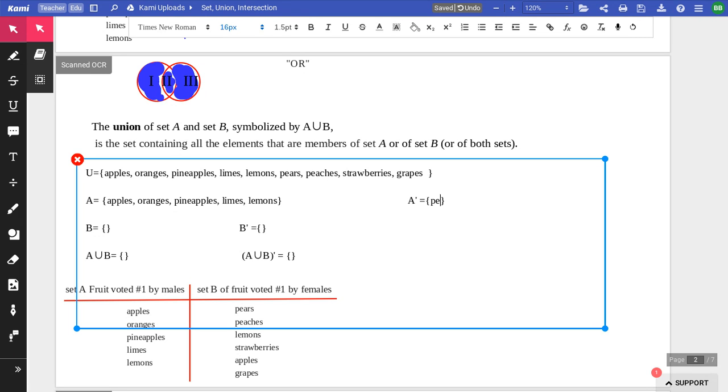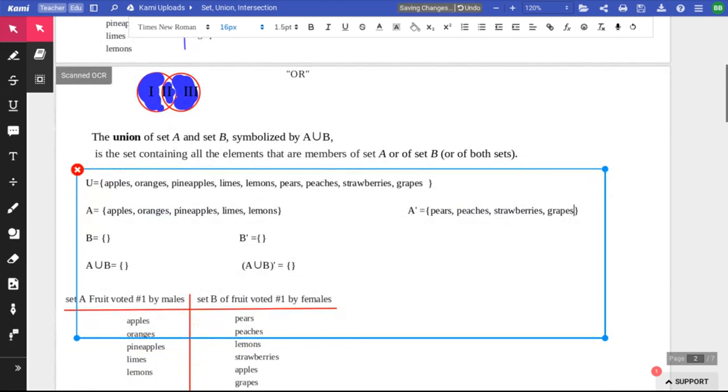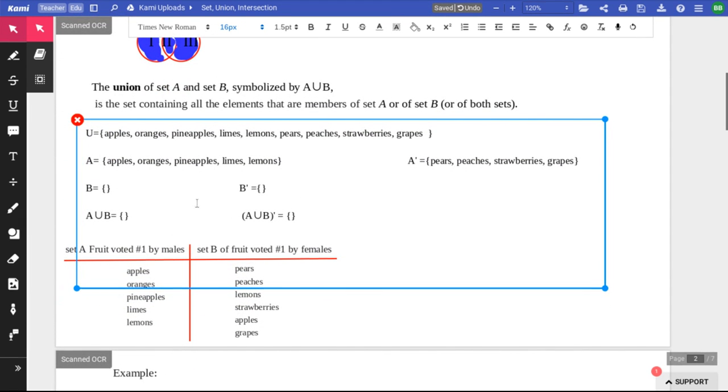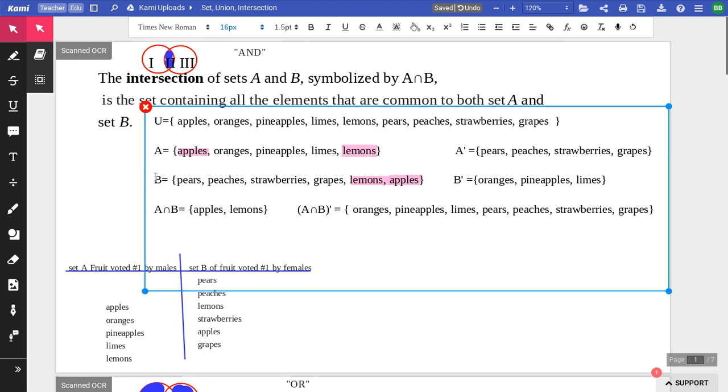We know that pears are not in A, peaches, strawberries, grapes. Just like up there. Now what's in B? And what's not in B? We can just bring this down from before.